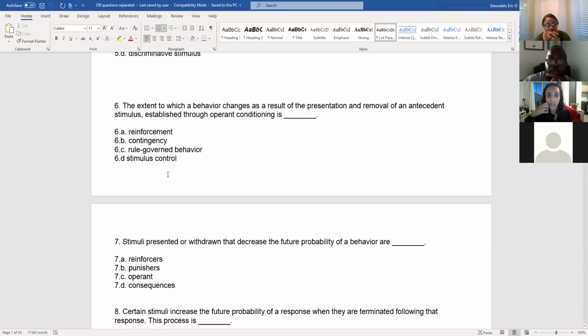What I know is that with stimulus control, you've done an FA, you've done an FBA, and you have determined what is controlling that behavior, what you can use to turn it on and turn it off. I think with contingency, it would have to be the 3 parts: antecedent, behavior, and consequence. But in this question, it's just talking about the antecedent. So it's not a contingency unless it has all 3. That's a good point.